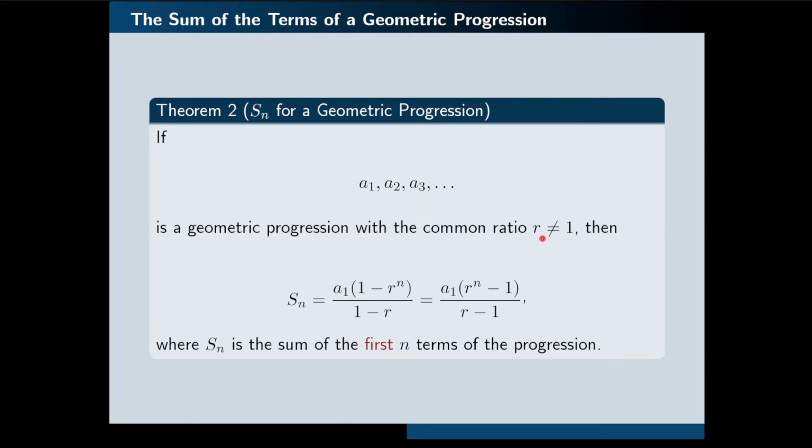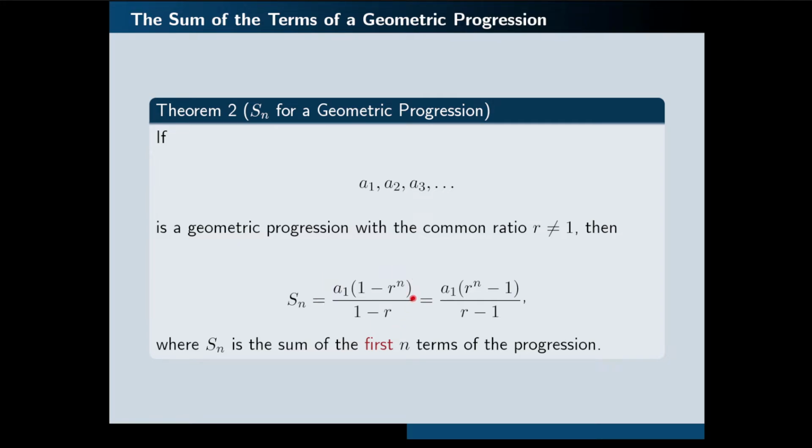And I will tell you, r equals 1 is not an obstacle for us. So if this is a geometric progression with common ratio r, which is not equal to 1, then Sn, the sum of the first n terms of this geometric progression, follows this formula.